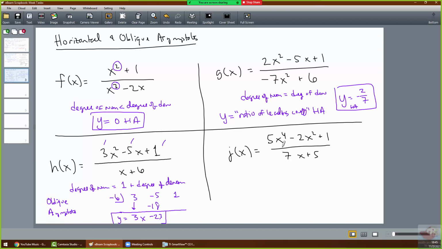For j of x, notice that we're in a case that's not like the other three. We're not less than, we're not equal to, we're not exactly one more, we're more than one more. So if this is the case, you have no horizontal or oblique asymptote.